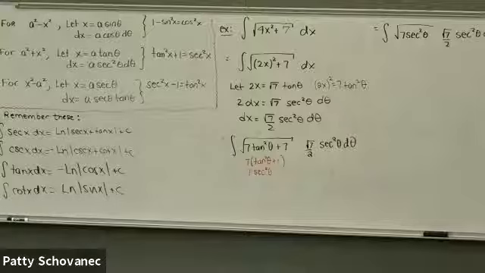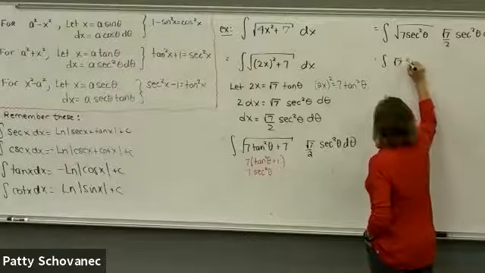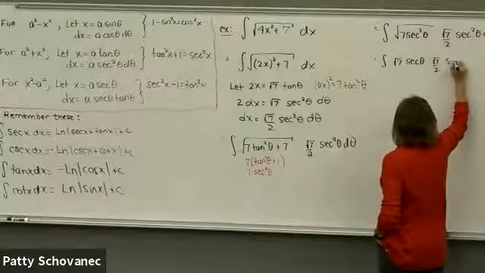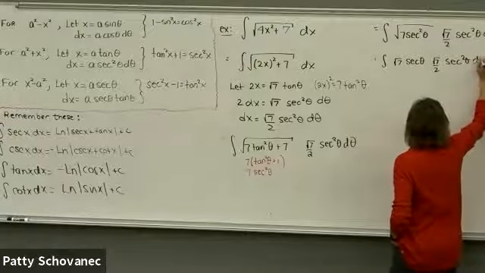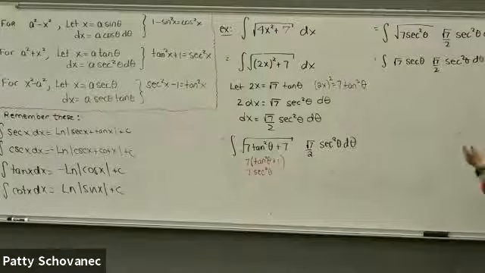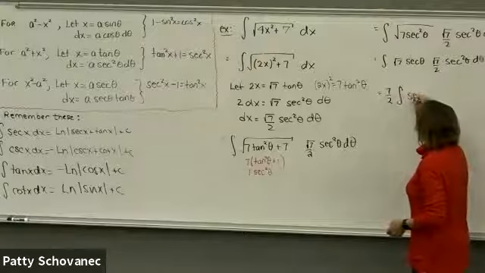Now I can take the square root of each term there, and I get the square root of 7 times the secant of theta. And so altogether, I'll get a 7 halves out front, and then the integral of secant cubed of theta.